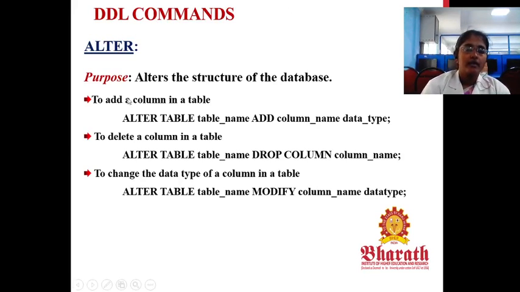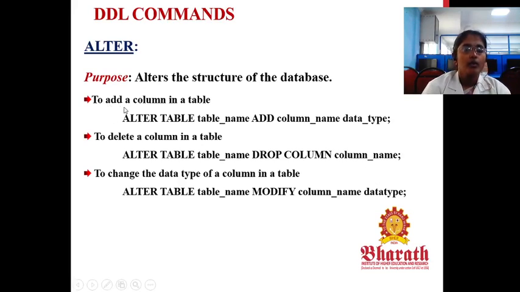The next command in the DDL, data definition language, is alter. This keyword is used to change any content or values of any entity inside the table. Its main purpose is to alter the structure of the database. Here you can add any new element into the table, or you can delete an existing element through this alter command.